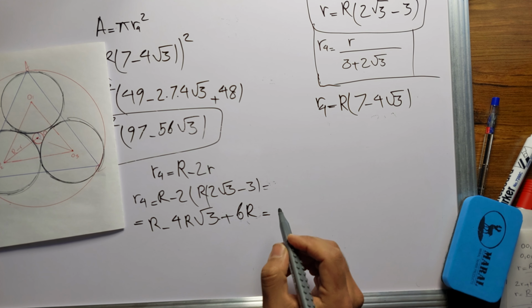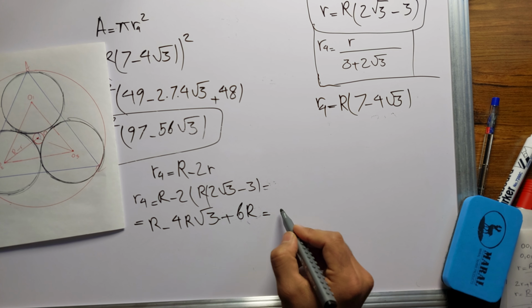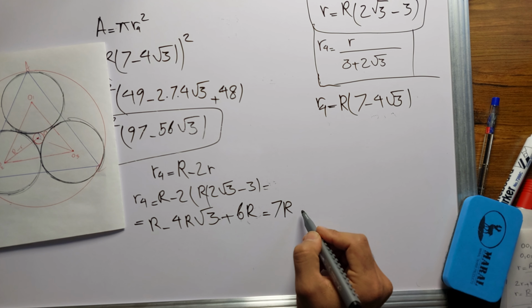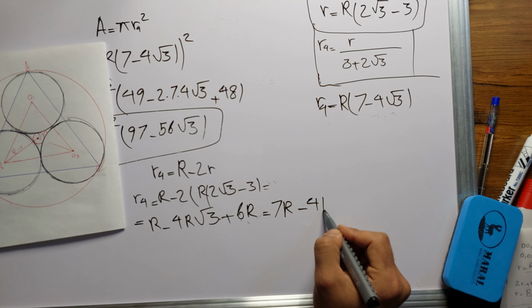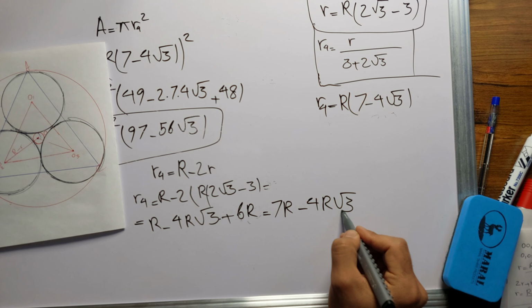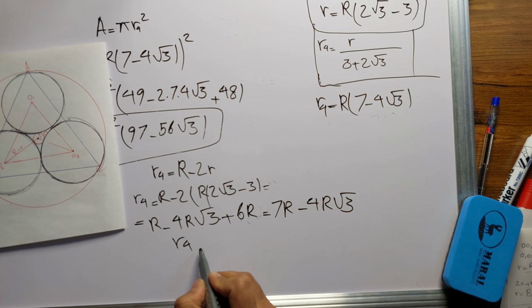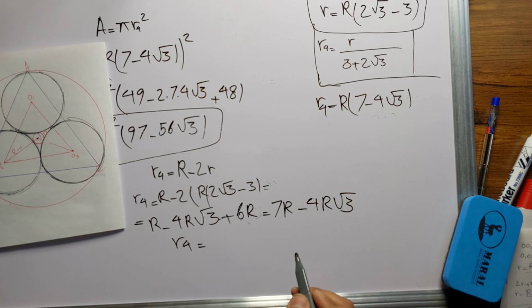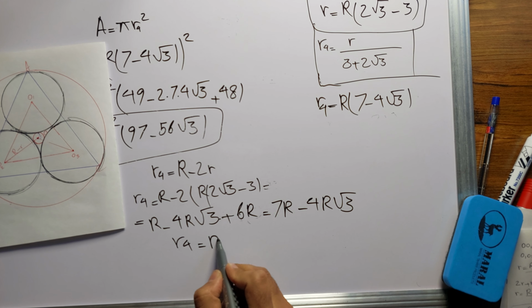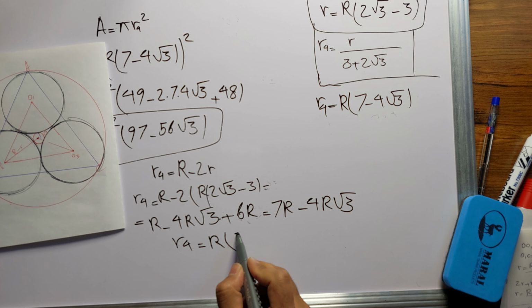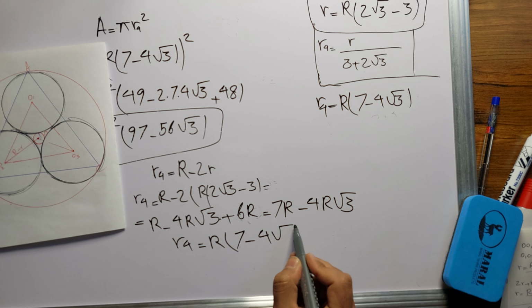So we can say that 6r plus 1r is 7r minus 4r square root of 3. Then we can say R sub 4 equals, let's factor R out, R times 7 minus 4 square root of 3.